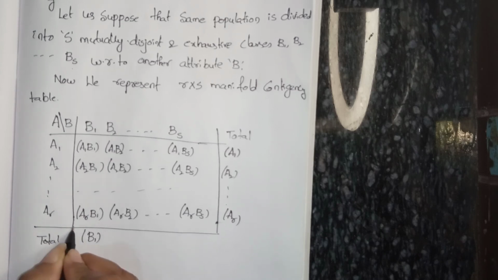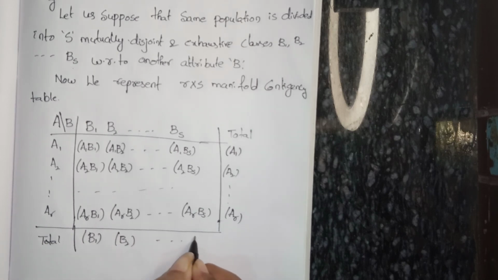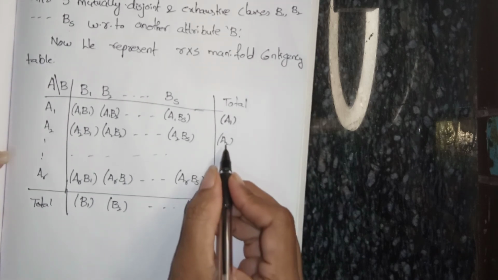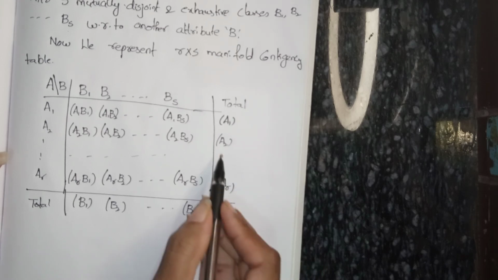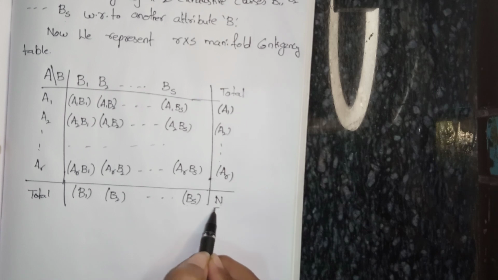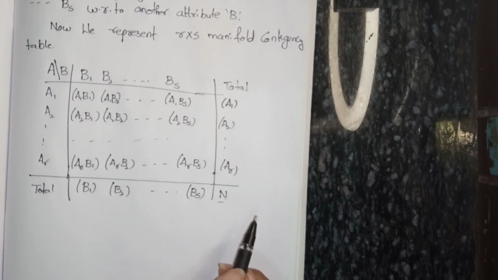Column-wise and row-wise totals. This one is B2, and so on, if we add we get BS. So this is capital N, the overall total. If we add this side, you will get this; if you add this side also, you will get the same answer. So this is called the overall total, or the population.